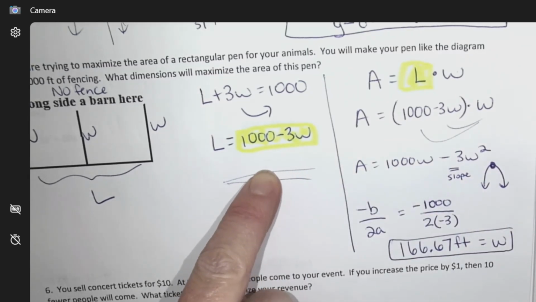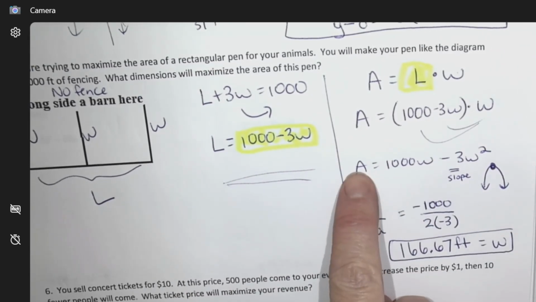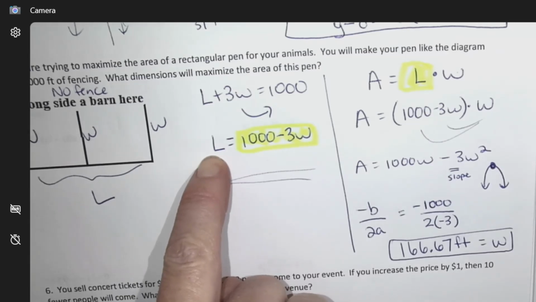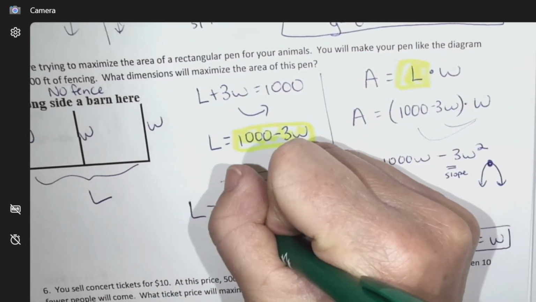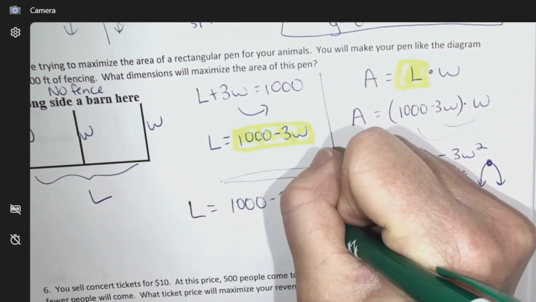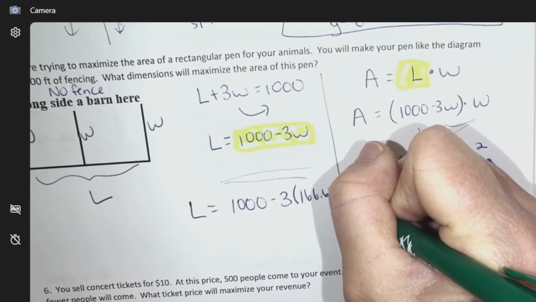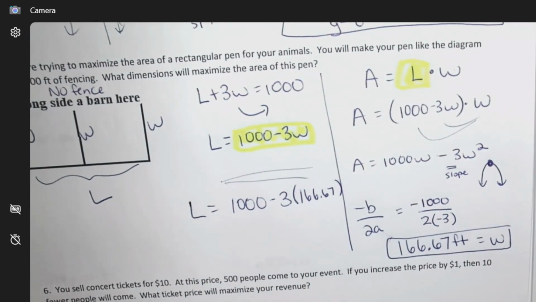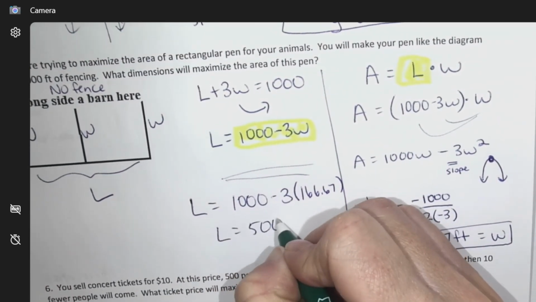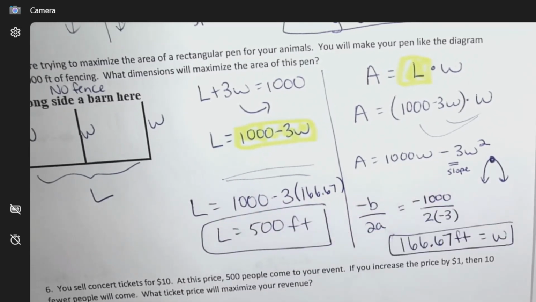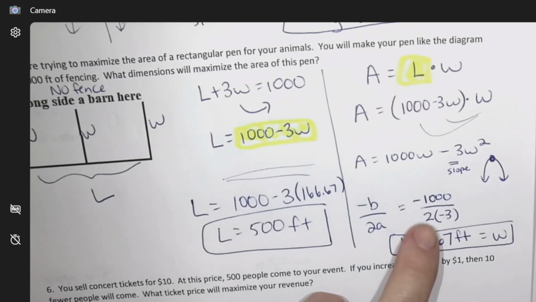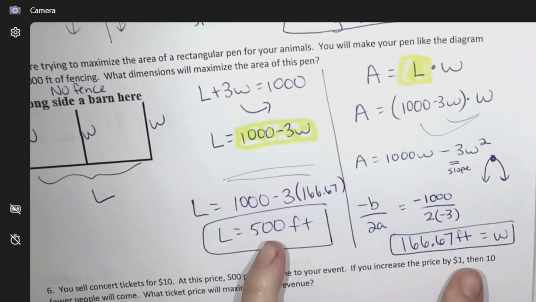I'm going to plug in over here instead of this one, because this plug-in gets me A, this plug-in gets me L. If I did ask for area, then yeah, plug it in there, or figure out your dimensions and just multiply them as well, right?